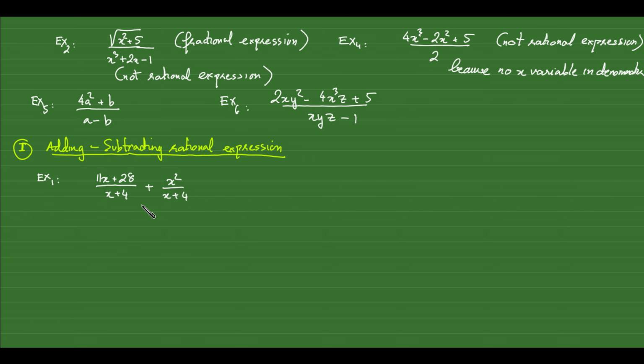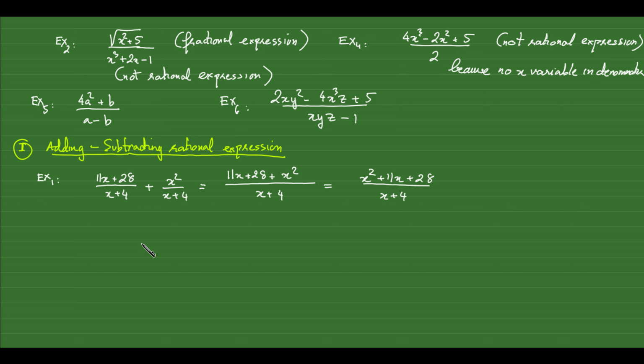So all we have to do is keep the denominator, which is x plus 4, and combine the numerators. I say combine, meaning I'm going to write it as one fraction only. Because x squared is the highest degree, I'm going to put x squared in front: x squared plus 11x plus 28 over x plus 4.